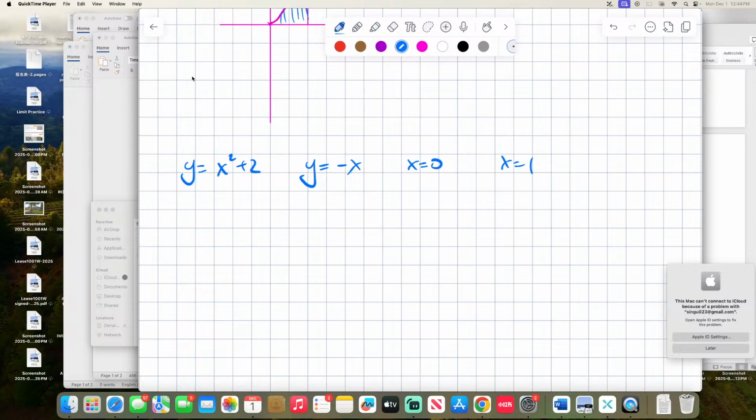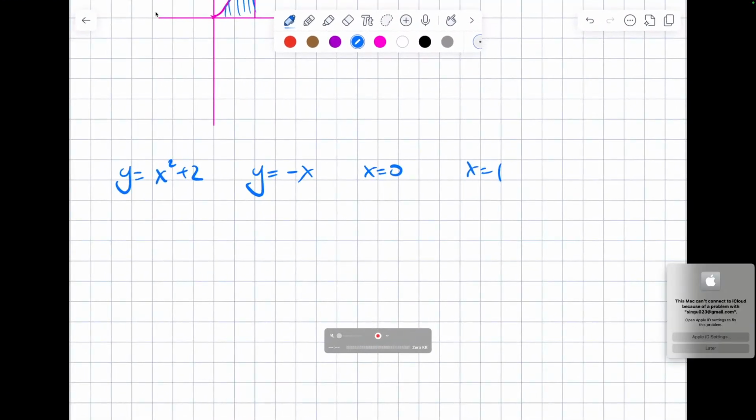So first of all, you should sketch all these functions, then you know where it is from, right? So you guys should sketch this graph.